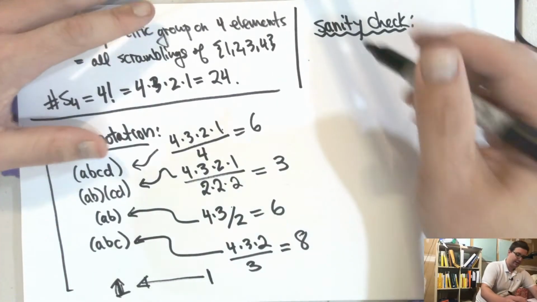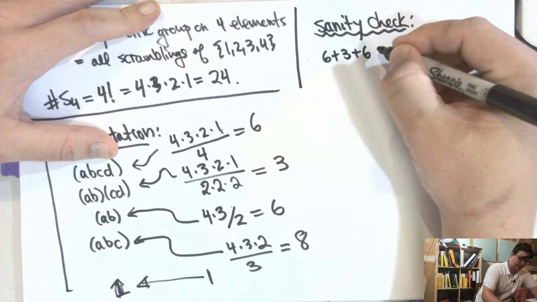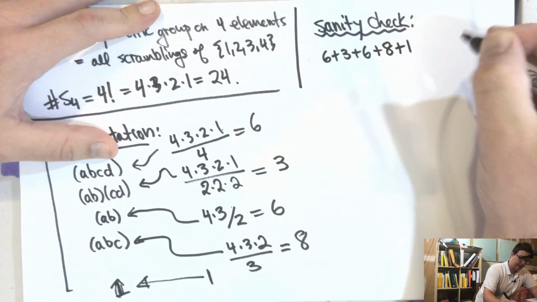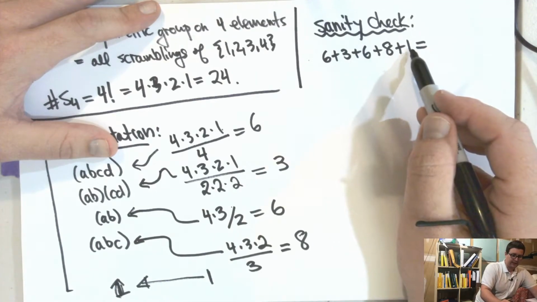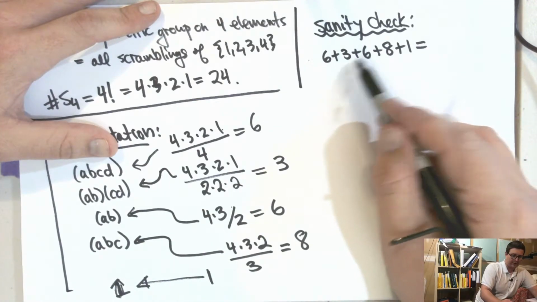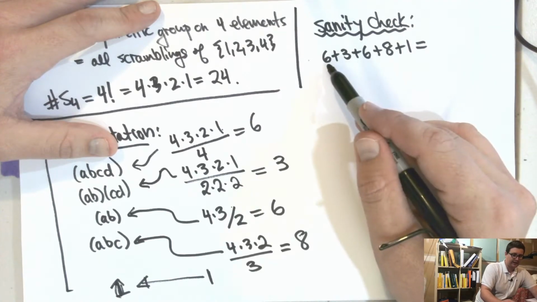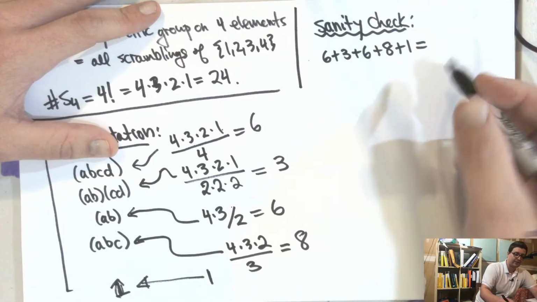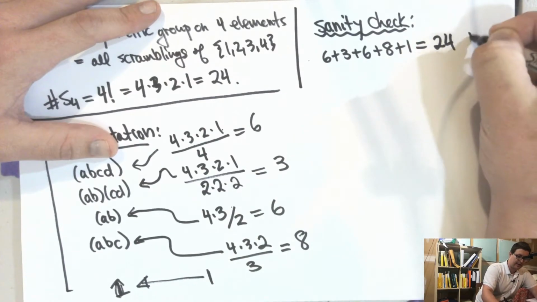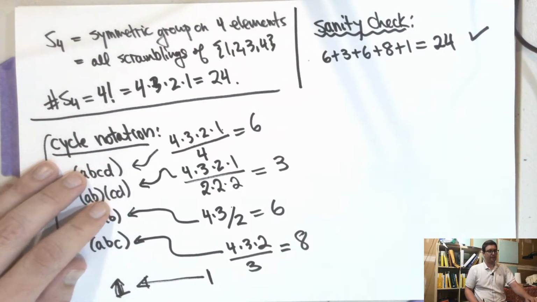Okay, so we need 6 plus 3 plus 6 plus 8 plus 1, right? So what does that equal to? Okay, so this thing here is 4, and 4 plus 6 is 10, right? And then this is 16, and then 16 plus 8 is 24. Okay, so it turns out that we have counted all the elements here, right?